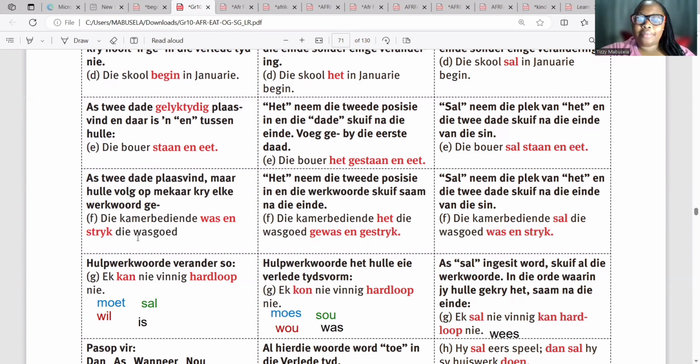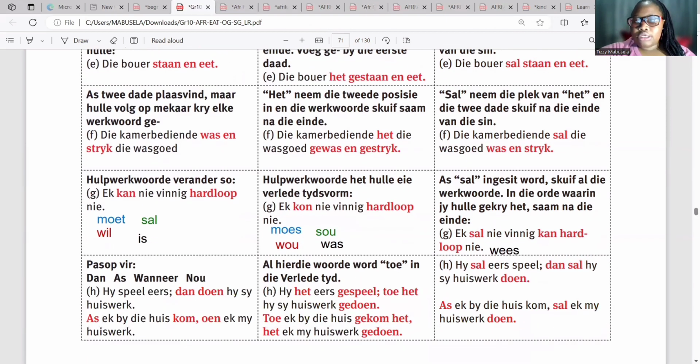So they're not taking place at once. So if they're not taking place at once, then they follow each other. When you take it to the past tense, you're going to give each one of them ge. So die kamerbediende het die wasgoed gewas en gestryk. And then in the future tense, it's not really affected. You're just going to say die kamerbediende sal die wasgoed was en stryk.